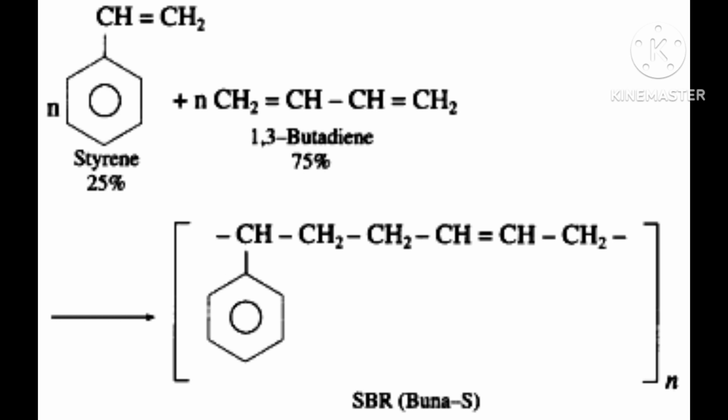Again, listen: copolymerization is a polymerization reaction in which a mixture of more than one monomeric species, meaning the monomers will not be the same; many are there, but all may be different, is allowed to polymerize and form a copolymer.